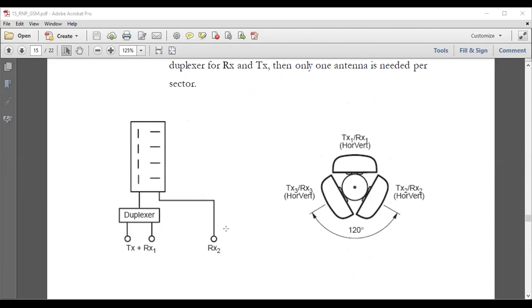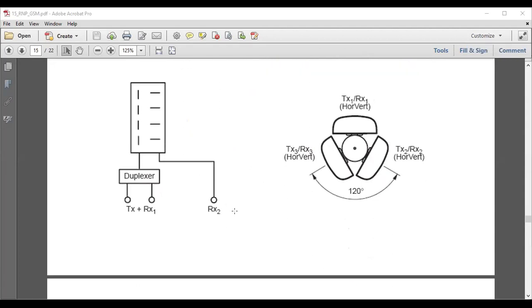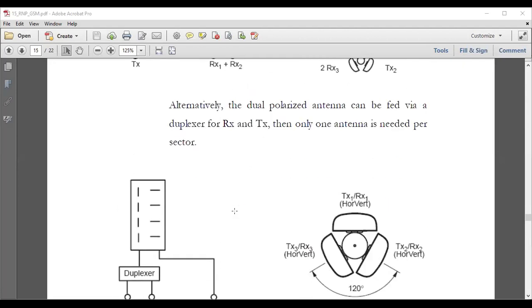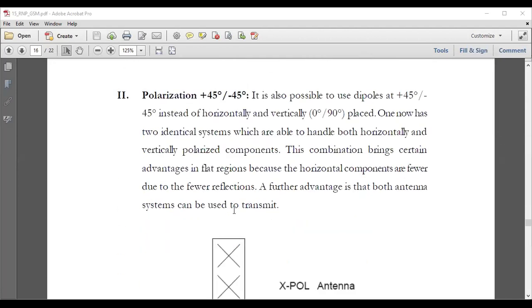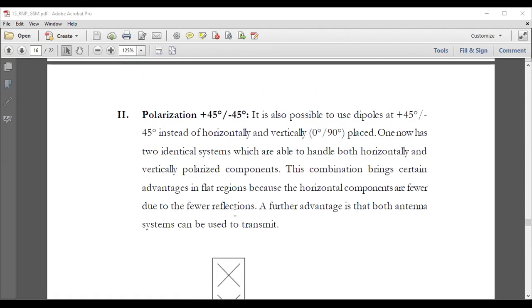Okay. Now, most commonly, people use what we are showing now, as our last topic of polarization, I mean, polarization diversity or signal diversity.